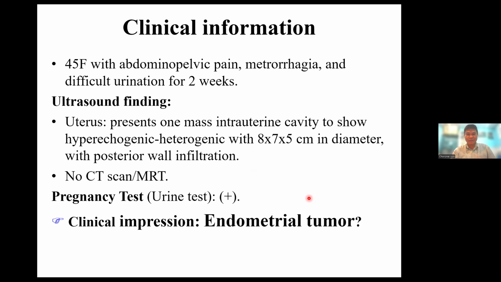Ultrasound shows one mass in the uterine cavity, hyperechogenic and heterogeneous. Its size is around 8 centimeters in diameter with posterior infiltration. No CT scan, no MRI. But the pregnancy test was positive. Clinical impression was endometriosis.